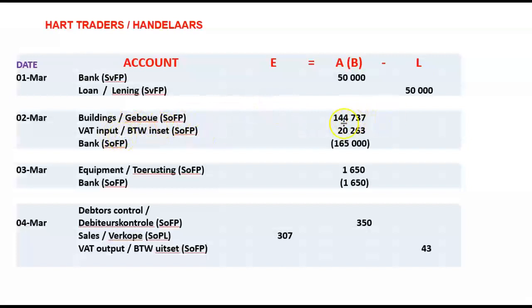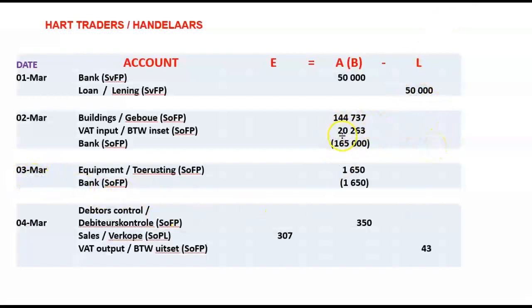Our VAT input, that would be 14% of that amount. It is easier to have a simple rule. Let's assume when it's VAT input, assets will increase because it's a debit, and when it's VAT output, liabilities will increase because it is a credit.